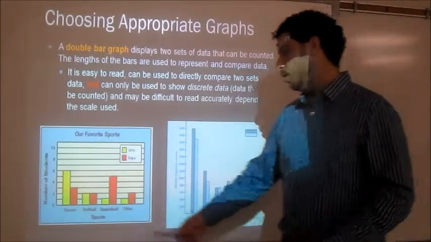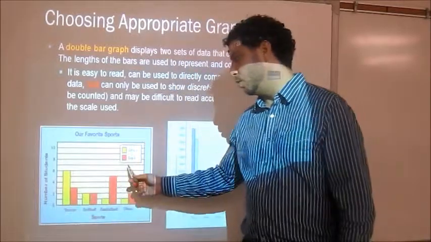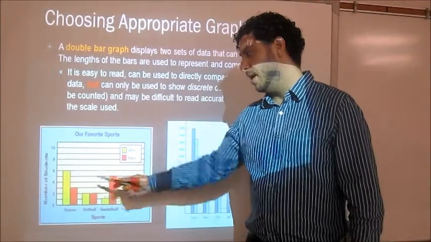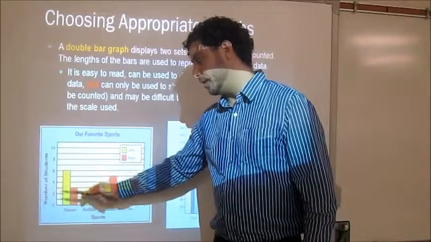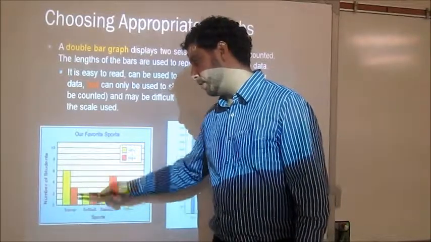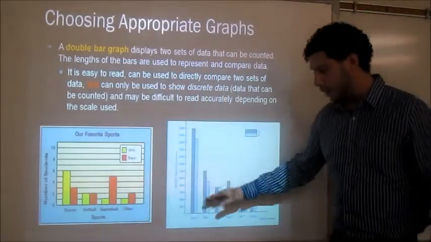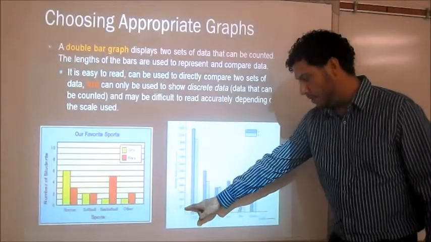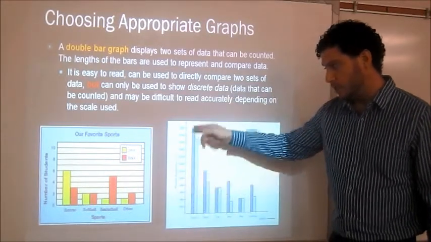For example, we can very quickly compare the preferences of girls and boys in this double bar graph. And in this case, the scale is quite easy to read. So this would be 6, for example. This would be 3. Now in this example, the numbers are larger. Now I know this is small, but this says 200, 400, 600, 800, 1,000, and so on.